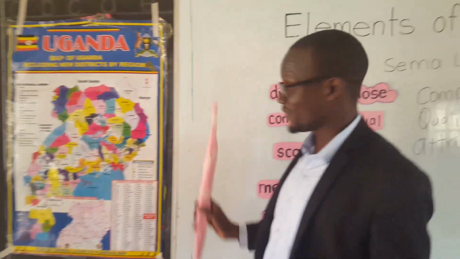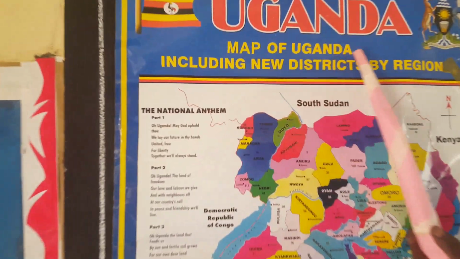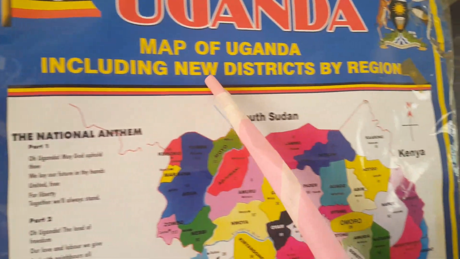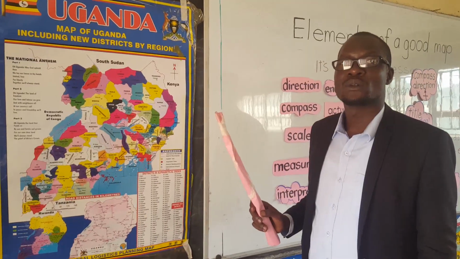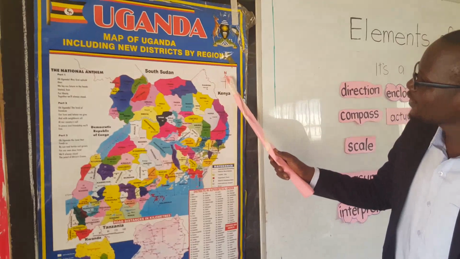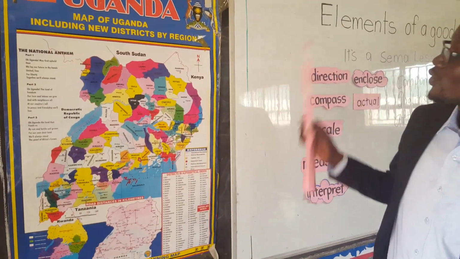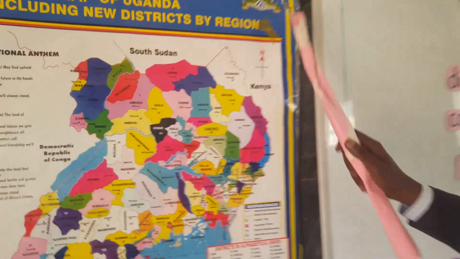Well, our map is still there, thank God. This is the title. Are you seeing the title of the map? It is telling you that this map is about new districts. Yes, this is the compass direction. It is the one we use to tell direction of places on a map.